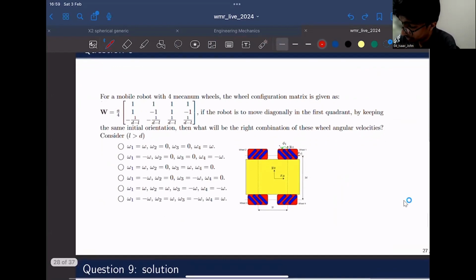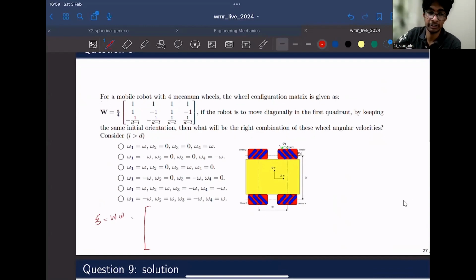So again, I'll reproduce this. Zeta is W times omega. And if the robot wants to go in a diagonal direction, how would zeta look? We already know that there won't be any rotation, so the R component would be 0. And the U and V components would be identical because they are moving with the same velocity, along the diagonal.